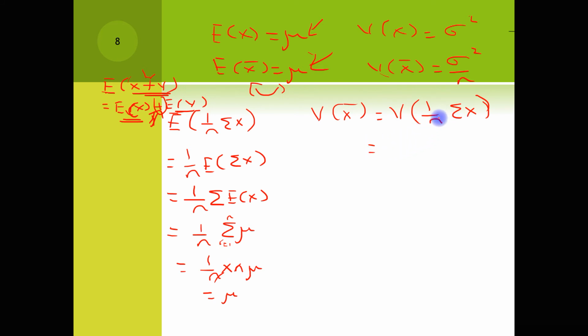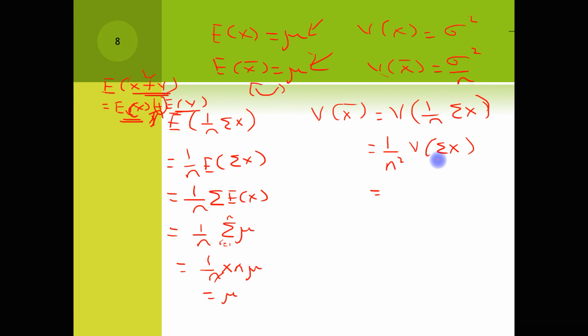And as you know, when you have to take a variance out, what you have to do is to square. If you have a constant that you have to take out, the constant is squared. It becomes 1 upon n squared, and the variance of the sum of x.